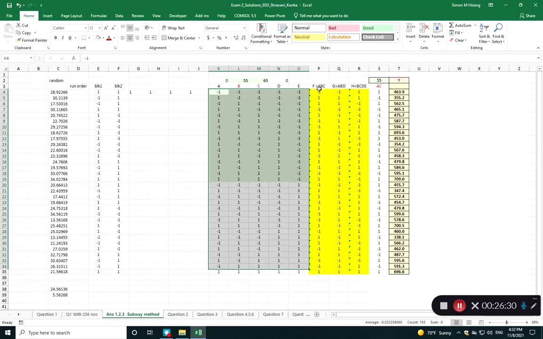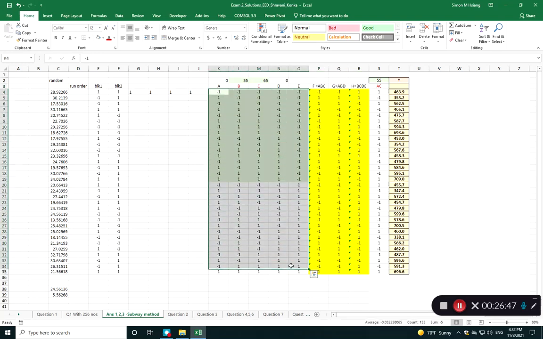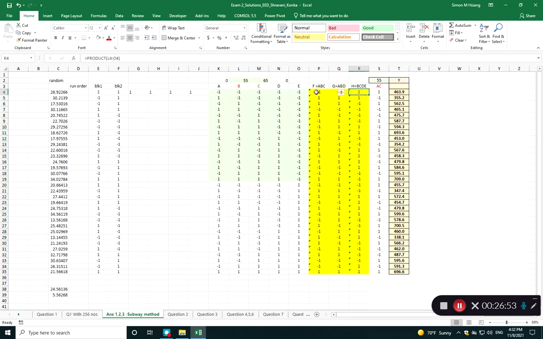We did not touch this 5, but we used the interactions to build the A blocks. When we build the A blocks, all the confounding are here, and all the main effects are on the other side. And for those values, you can assign any value you want.